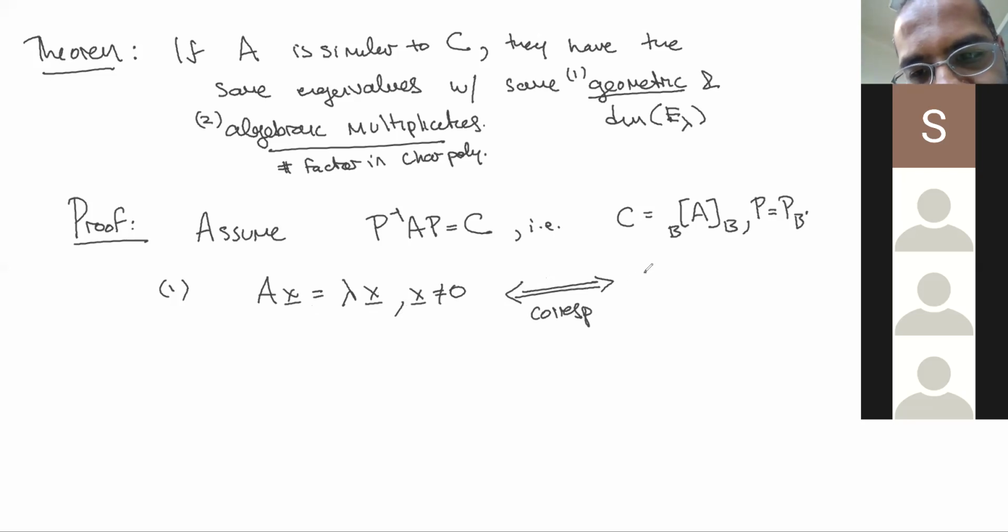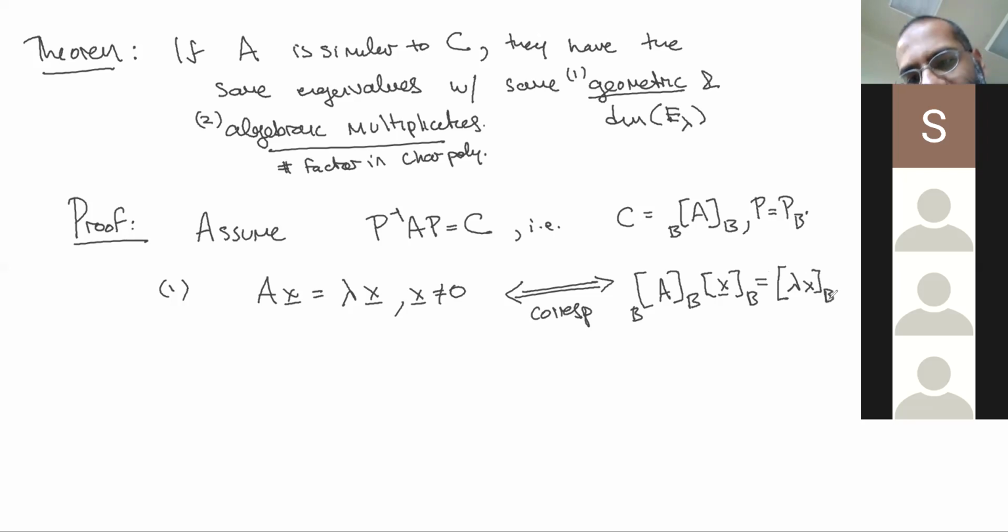So this is true if and only if the matrix of A in the B basis times the coordinate vector of X in the B basis is equal to the coordinate vector of lambda X in the B basis. But wait a minute, lambda is just a scalar. So this is just lambda times the coordinate vector of X in the B basis.